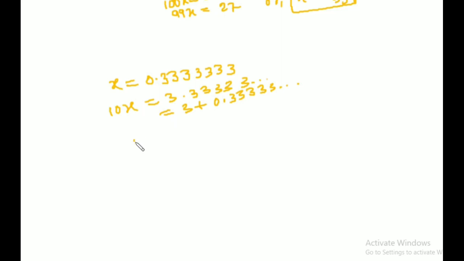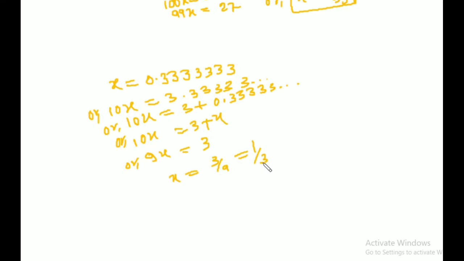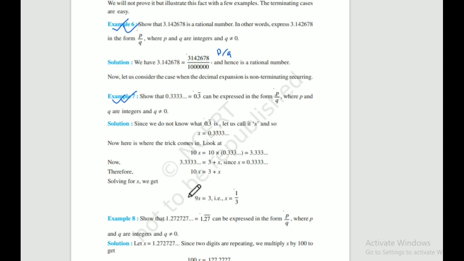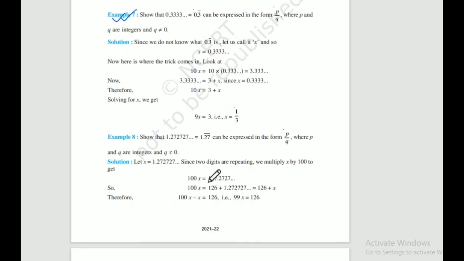So 10x equal to 3 plus x. So subtract x from both sides, so you will get 9x equal to 3, x equal to 3 by 9, that means 1 by 3. So we have done example 7. Example 7 is very easy.